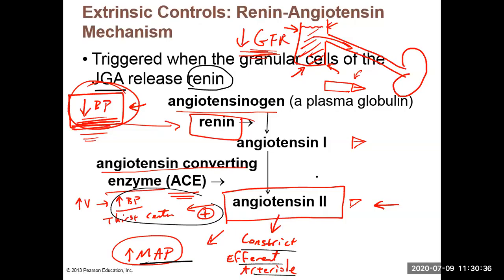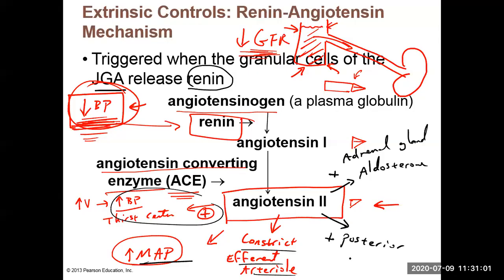The last two are the stimulation of aldosterone, I should put adrenal gland, and the stimulation of the posterior pituitary, and therefore ADH.